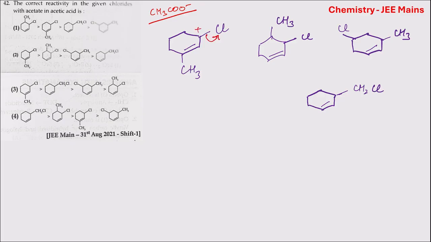There will be positive charge on this carbon atom present here, and this positive charge on the carbon atom will be delocalized due to the presence of this pi electrons. So pi electrons shift here and positive charge will be delocalized at this position, because of which this carbocation is stable. Similarly, in this, let this be compound 1, compound 2, compound 3 and compound 4.